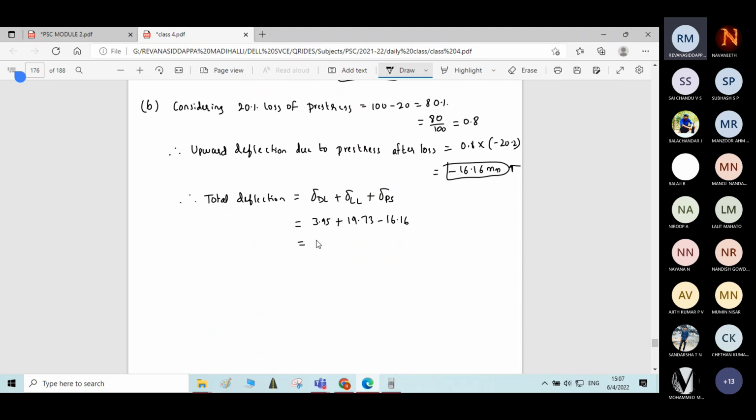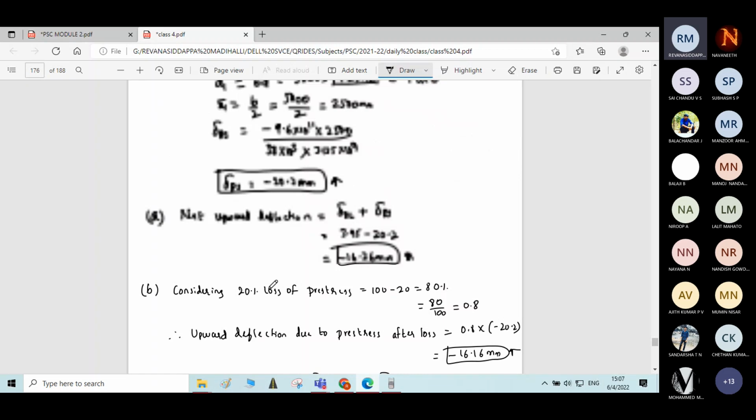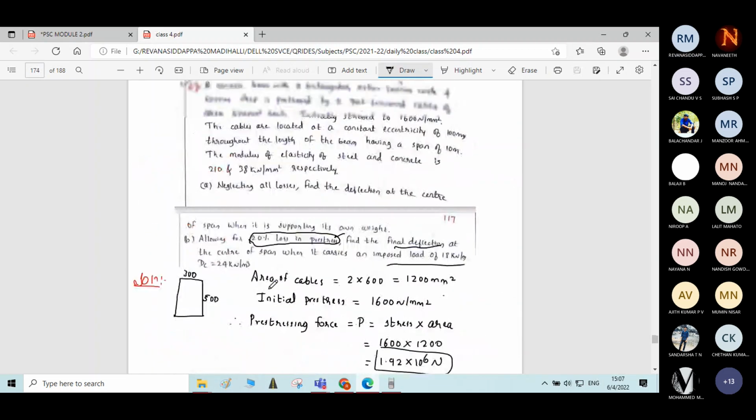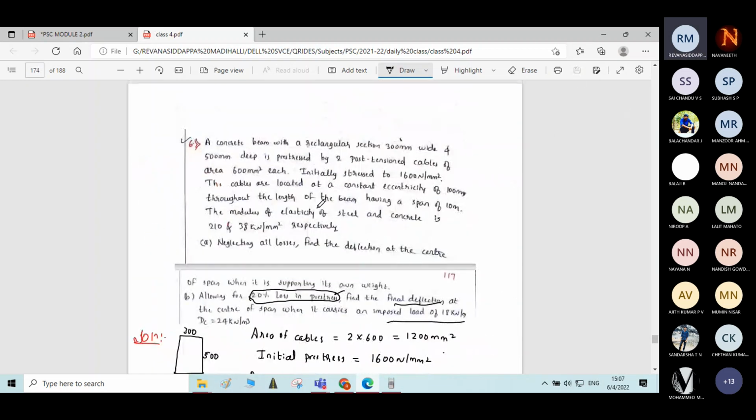Okay, the final answer will be 7.52 mm. Okay, so this completes the second question. This problem is also over. Any doubts, you can ask before moving on to the next problem.